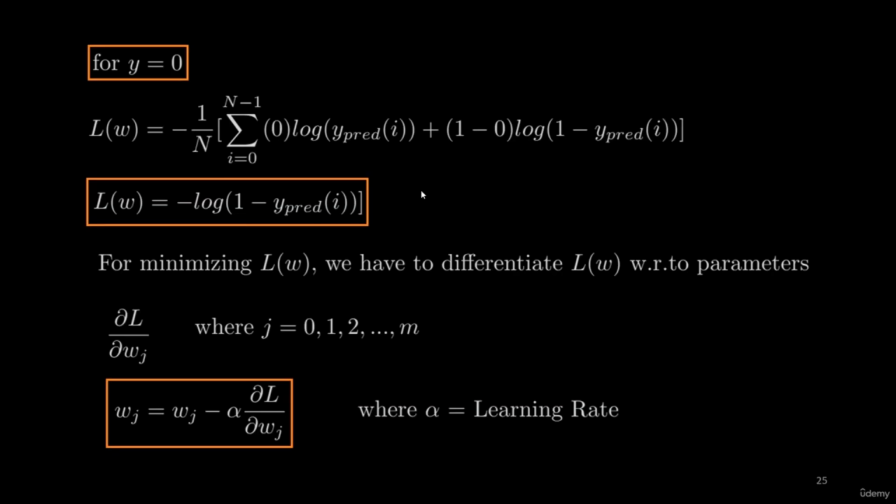Now, what will happen? If we want to reduce this loss function, then we have to differentiate it with respect to parameters. So the parameters of the model are the weights. Suppose we have m number of weights, that is 0, 1, 2, 3, and we have m number of components, it means I have to take the partial derivative of this loss function equation with respect to weights.